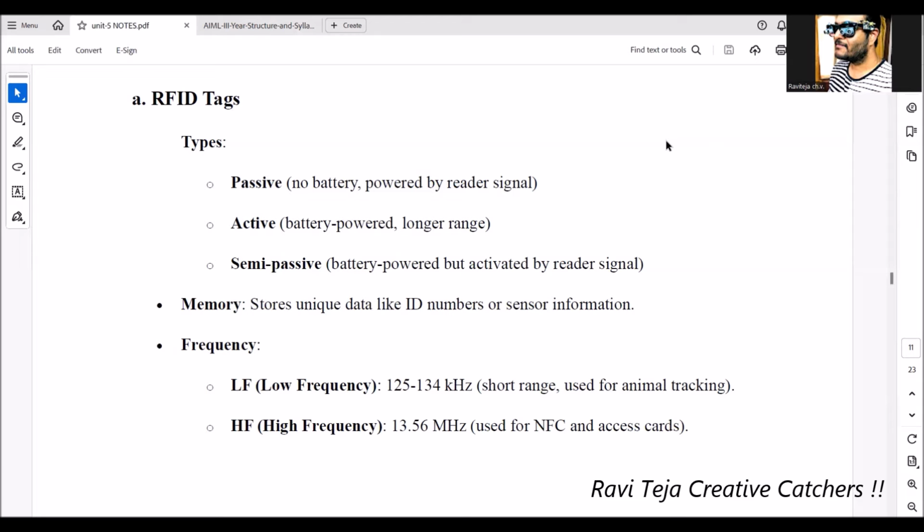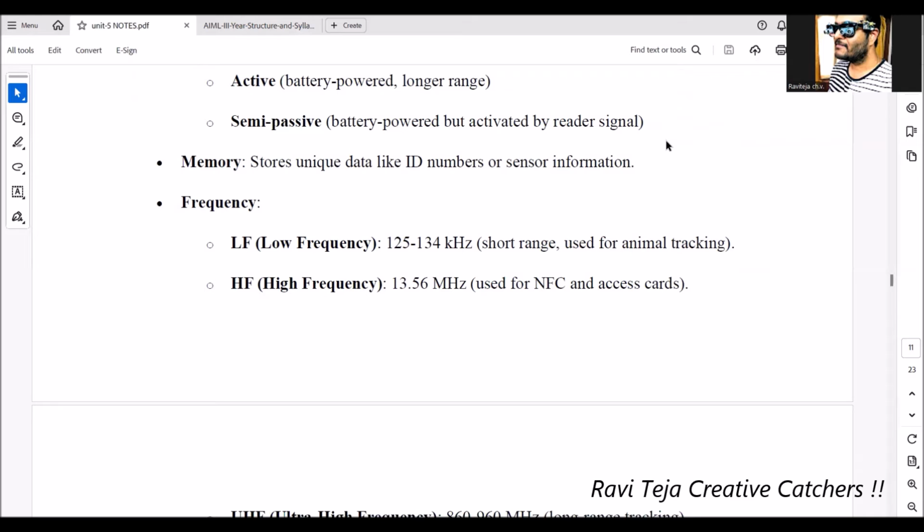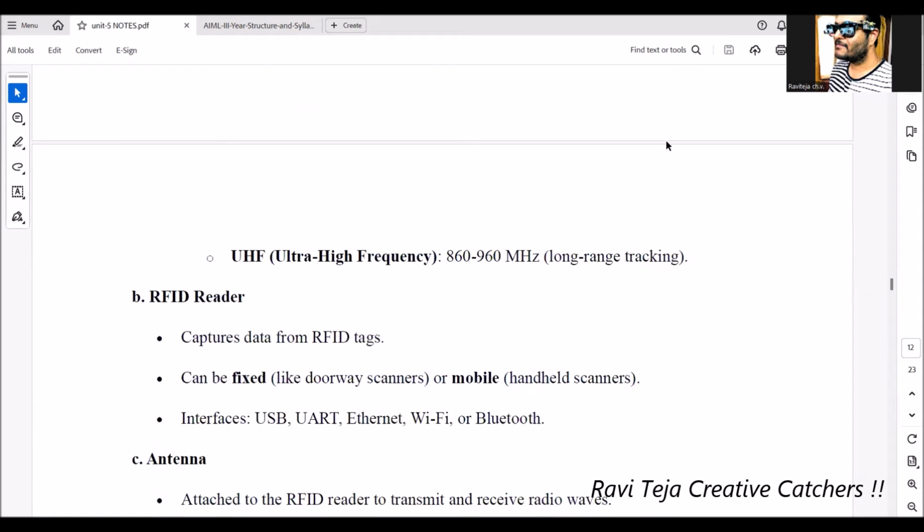The next is the high frequency, with a range of 13.56 megahertz, generally used for near field communication and card access applications. The third one is the ultra high frequency, which ranges from 860 to 960 megahertz, generally used for long range tracking.